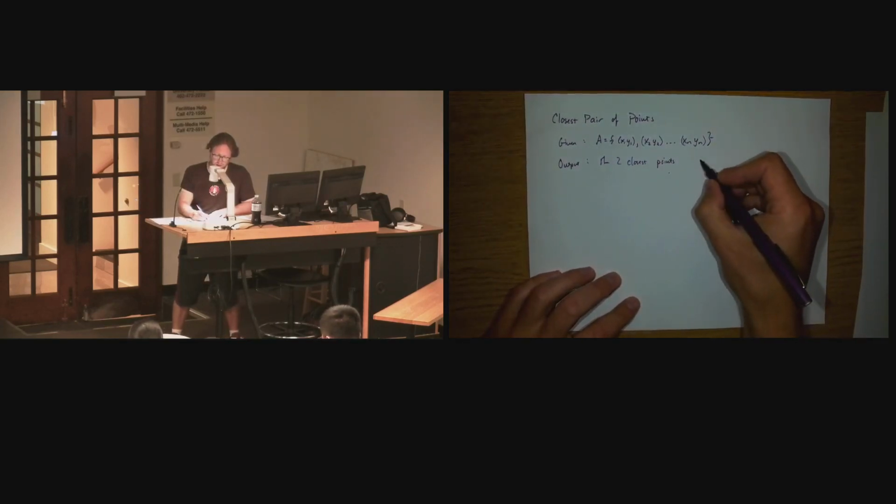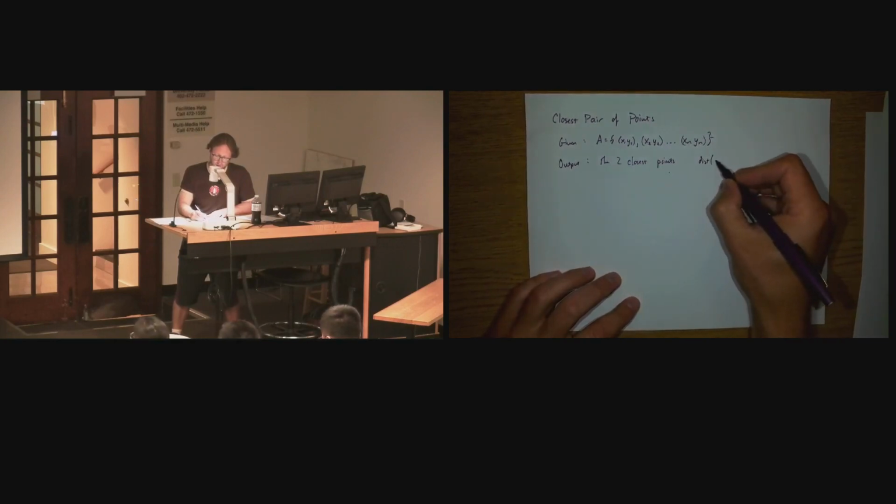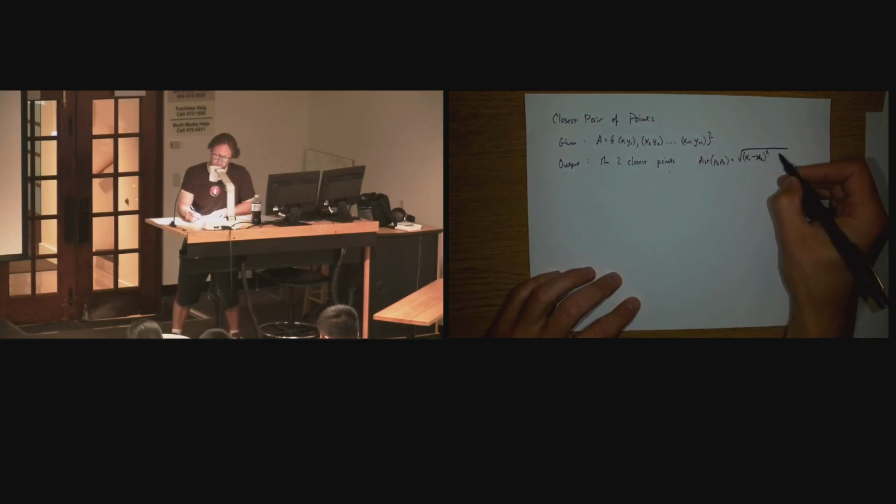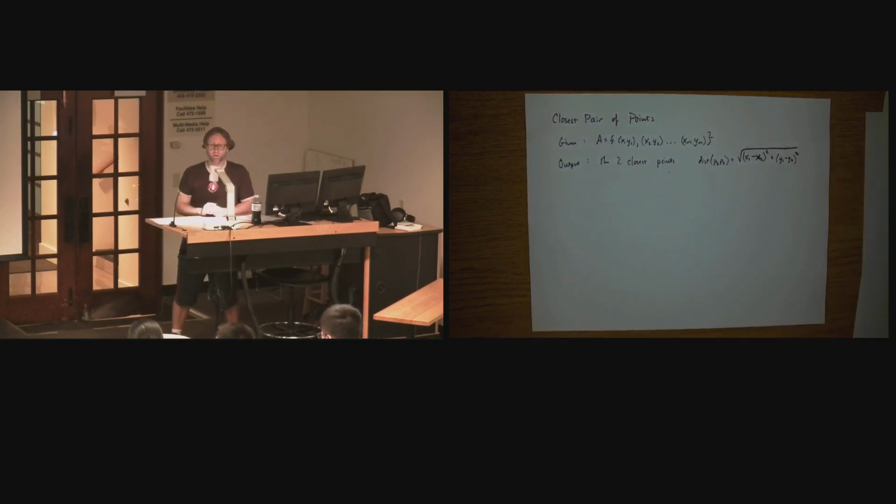Euclidean distance between 2 points P1 and P2 is the square root of the sum of the squared differences in their components. This is also called the L2 norm, right? The square root of (x1 minus x2) squared plus (y1 minus y2) squared. So there's the Euclidean distance.